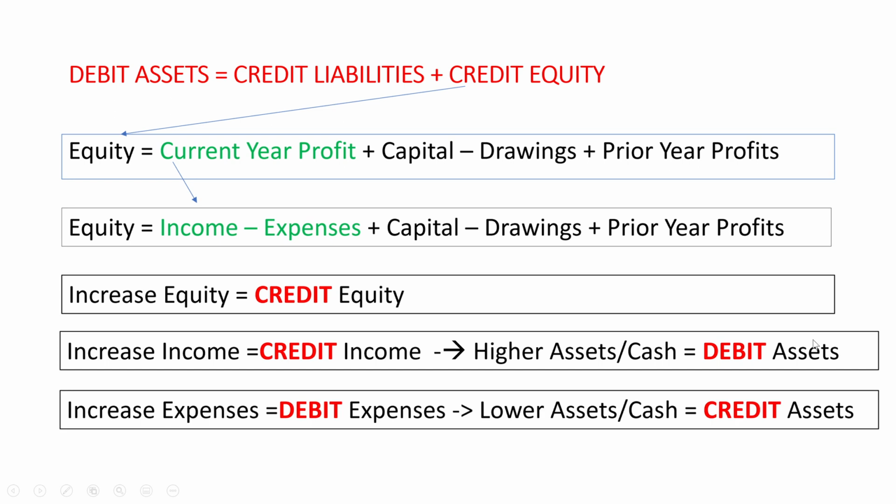If you're increasing expenses, you're spending more money, you're using that money to pay the expenses. So it's the opposite. We do debit expenses, and because we're lowering cash, we credit assets. Okay? So hopefully that summarizes the logic behind those. But basically, just remember, income and expenses will follow what's happening to equity.